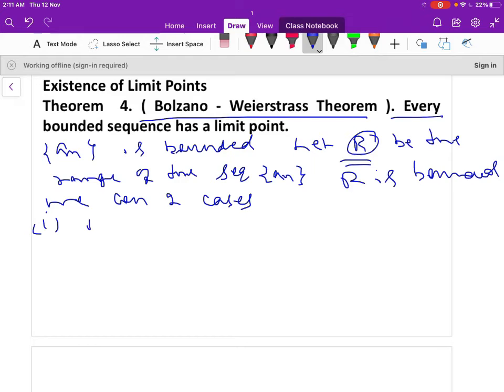Let us take the first case now, when the range R is finite.